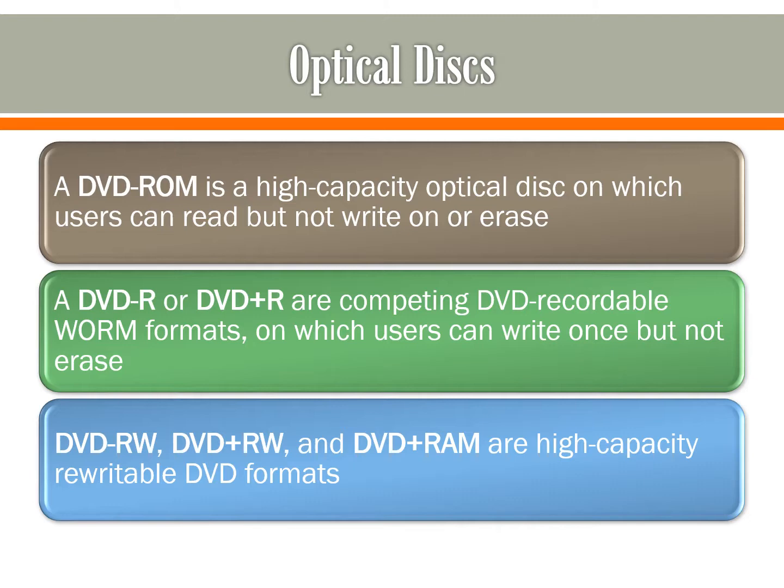Meaning that you can save more information on a DVD. For example, if you're going to save a movie with very good quality sound and very good quality picture, you will save it on a DVD, not on a CD, because DVD has a higher capacity, or a larger storage space.